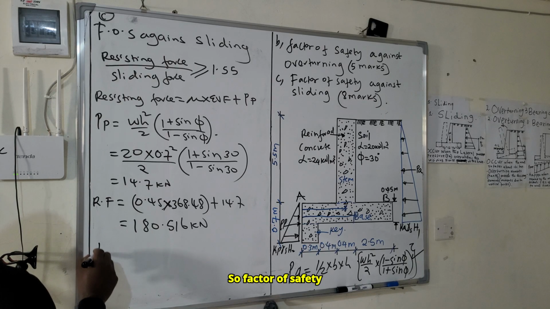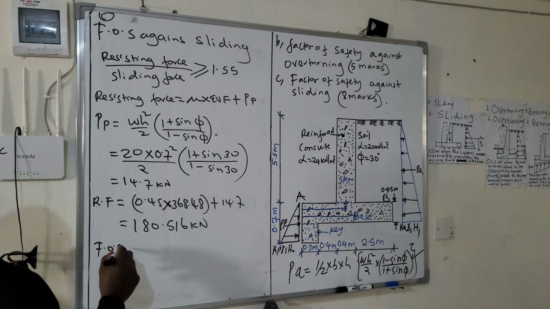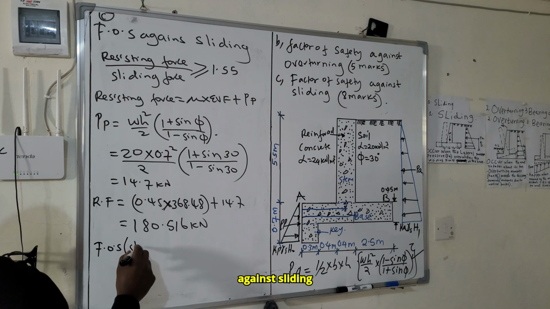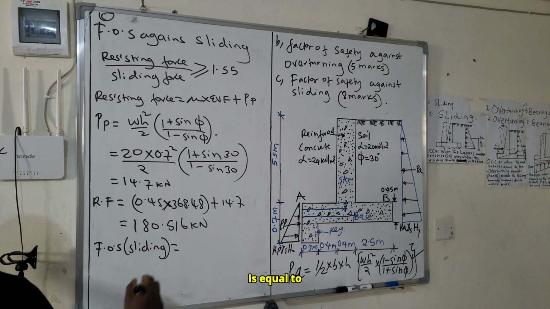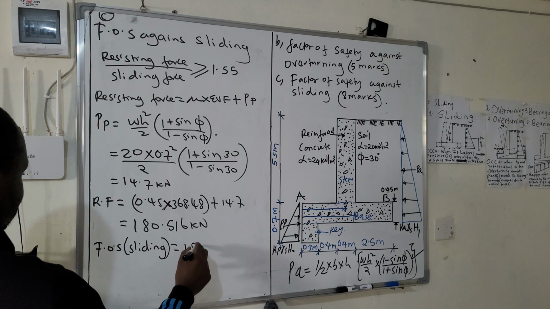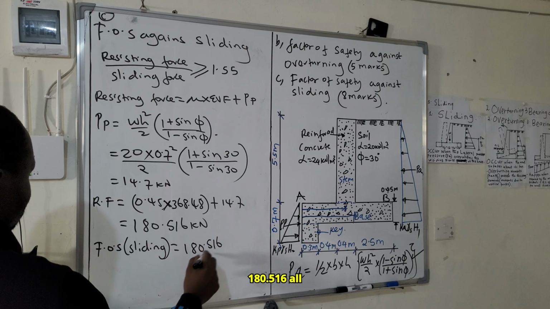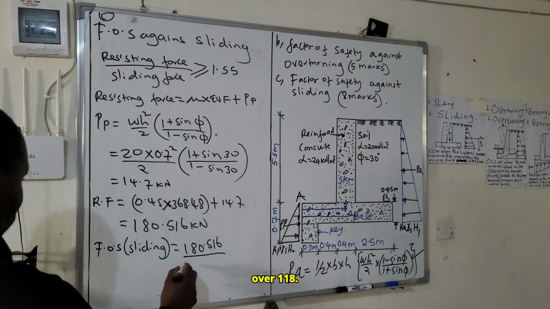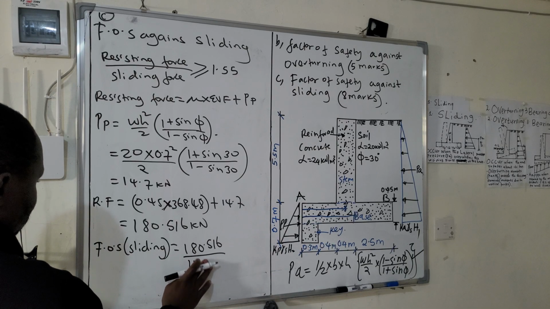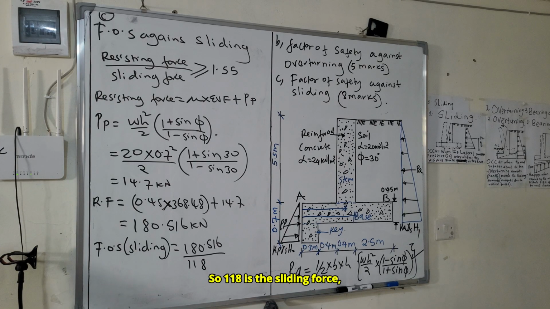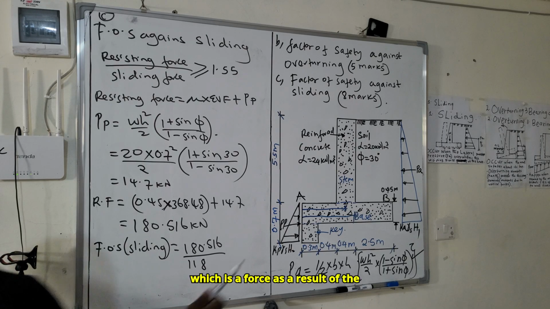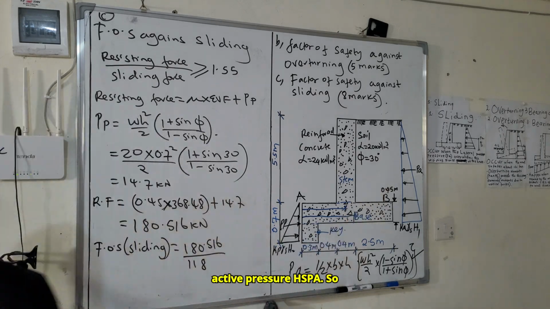So factor of safety against sliding is equal to 180.516 all over 118. So 118 is the sliding force, which is a force as a result of the active pressure, which is PA.